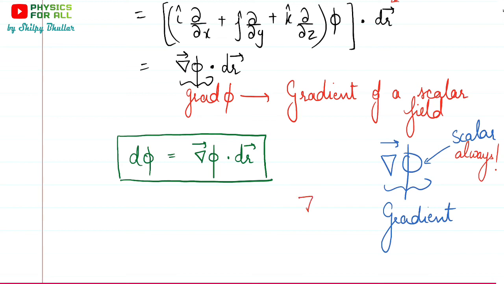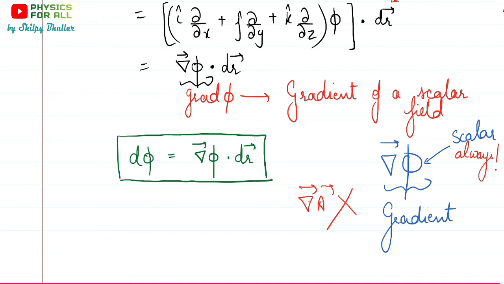Because we cannot have anything like this. This is unacceptable in physics or in vector analysis. You cannot have a vector quantity along with the del operator with no sign in between, because that doesn't make any sense. When we have two vectors, either they should be related with a dot product or with a cross product.